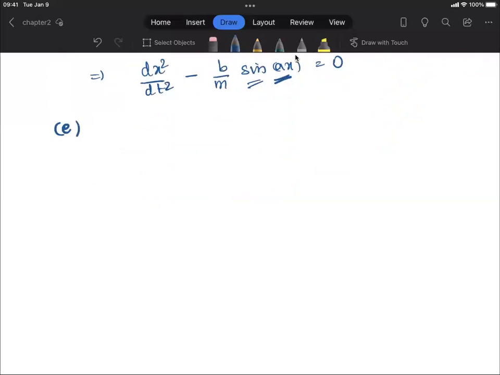So moving on to part E, the last part, F is equal to A minus K x. That implies N d²x over dt² equals A minus K x.